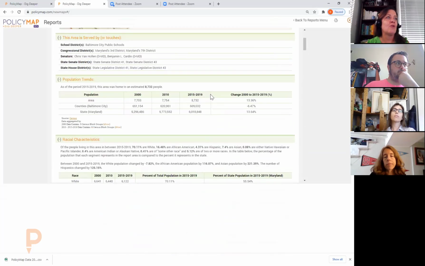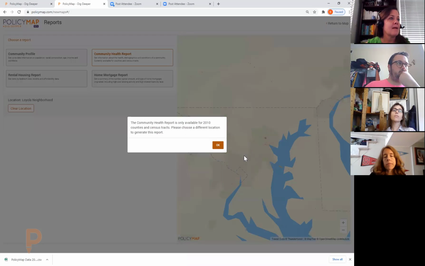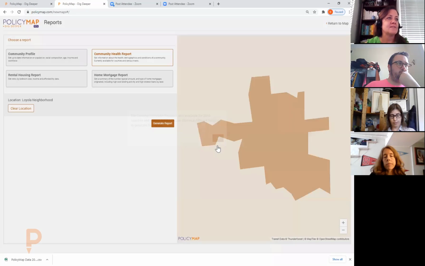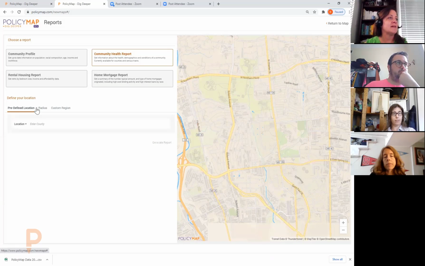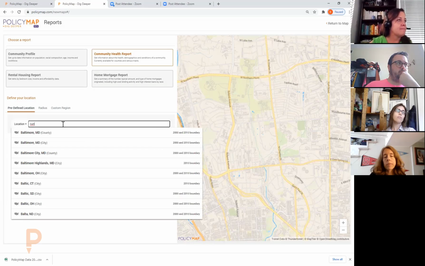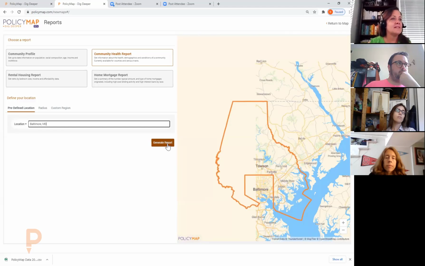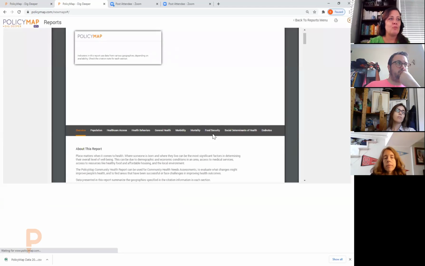But what's an even more interesting report is this community health report. And you need to do the community health report for counties or census tracts. And I want to clear my location. So maybe I just wanted to do it for Baltimore County. And again, all this underlying data will be pulled out.